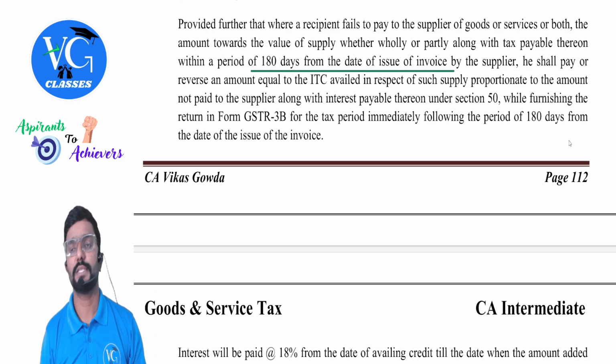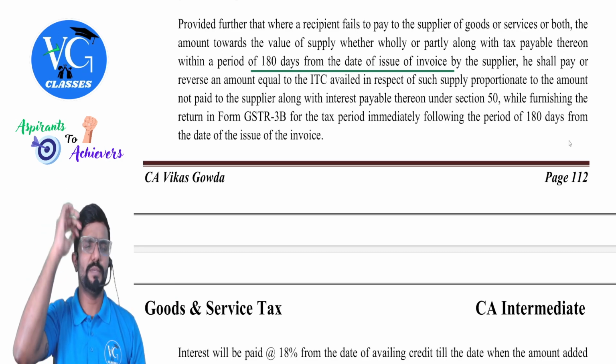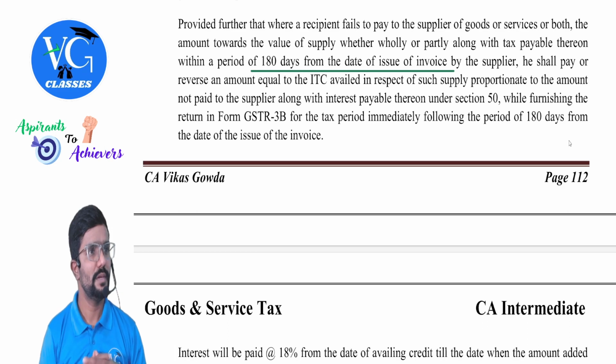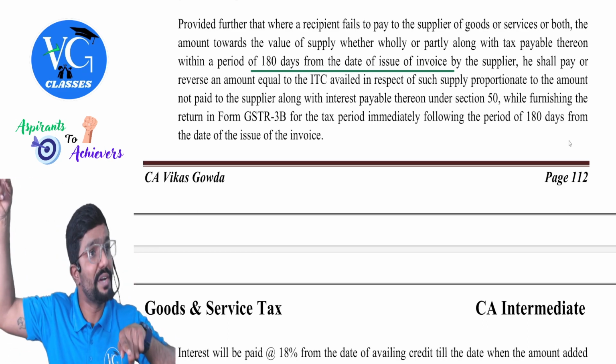Is that clear? Yes. Guys, let us take one example. Assume the 180 days period is getting over in May, any day of May, I'm just taking it randomly. After that, which GSTR-3B will he file? For May, he will file in June, right?